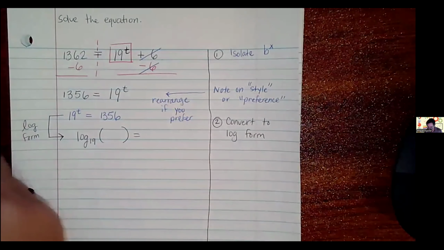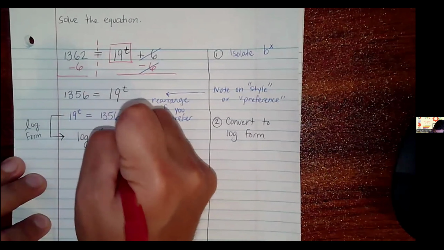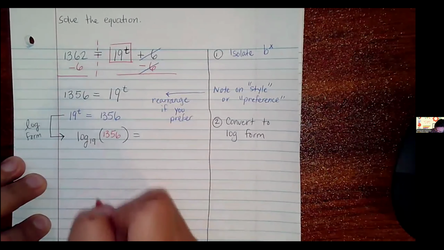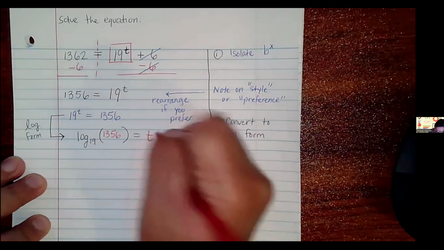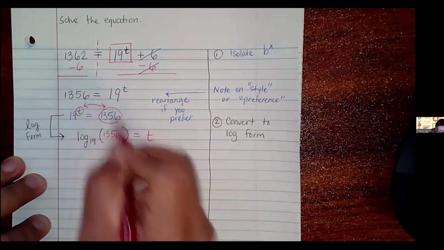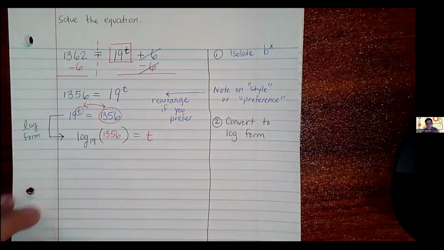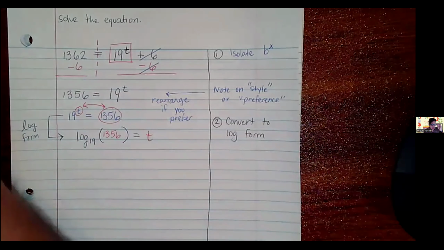What goes in the parentheses? 1356. And then what goes over here on the equal sign? t, because we're just swapping where they were in the original equation. Questions, comments about that step?